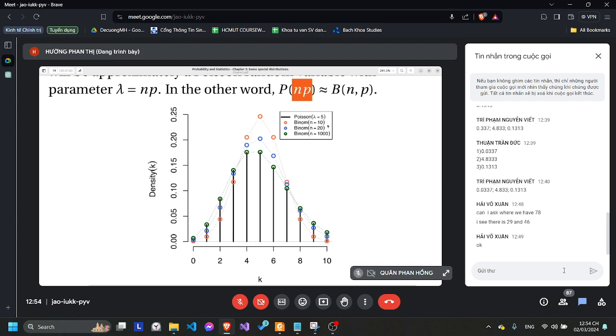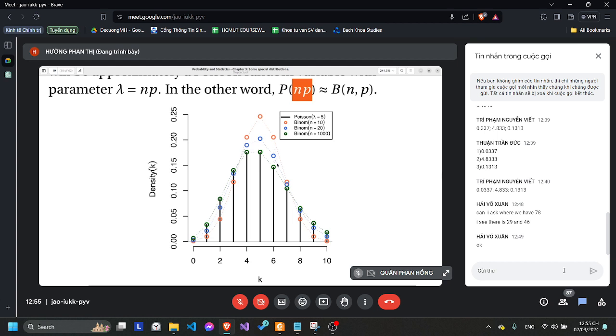Okay. Now, lastly, if we increase n up to 1,000, and of course now p is very small, only 5 over 1,000. You can see that very clearly. We can see that the green circles are almost identical to the black bars.